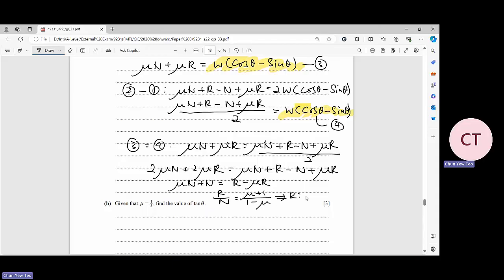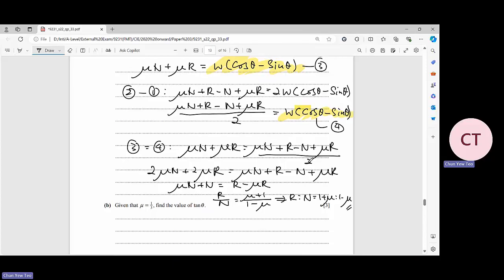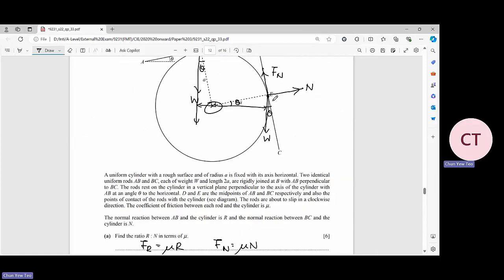Therefore, R to N is 1 plus mu to 1 minus mu. Done. That is the answer for question number 7A.